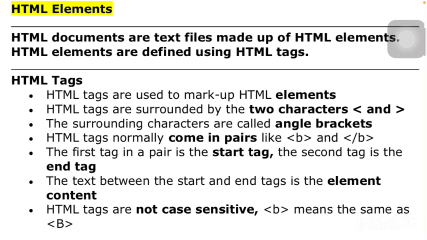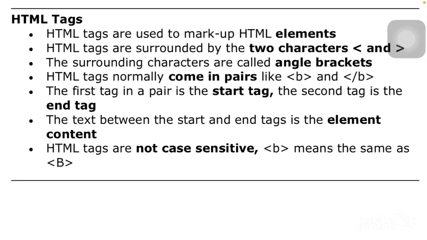HTML documents are text files made up of HTML elements. They are defined using tags. HTML tags are used to mark up HTML elements. Tags are surrounded by two characters, the angle brackets, opening and closing.